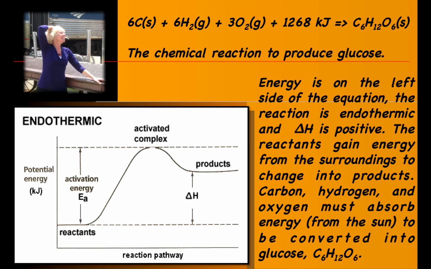Energy is on the left side of the equation. This reaction is endothermic, and delta H is positive. The reactants must gain energy from the surroundings to change into products. Carbon, hydrogen, and oxygen must absorb energy from the sun to be converted into glucose.